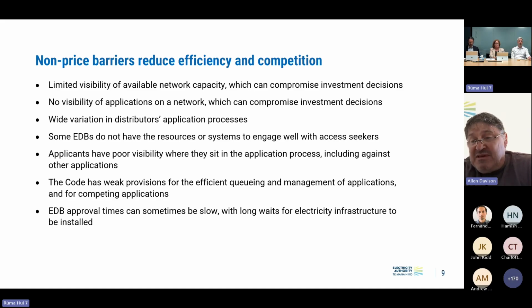But at the moment, outside the EDBs themselves, there's not a great deal of visibility of how much capacity is available for people seeking to connect. And also, it's not really obvious how many people are sitting on a network waiting to connect. One of the things we've looked at is what Transpower does in this area. They have a grid connections framework, so that's one of the things we've proposed.